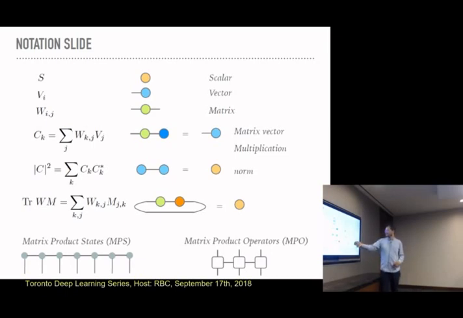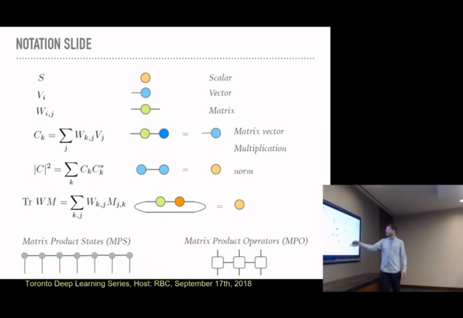And the norm of a vector looks something like this: a ball and a second ball, and then you sum, and if you surround this with a bigger ball, you see no sticks, so it's a scalar. That's the norm, okay?